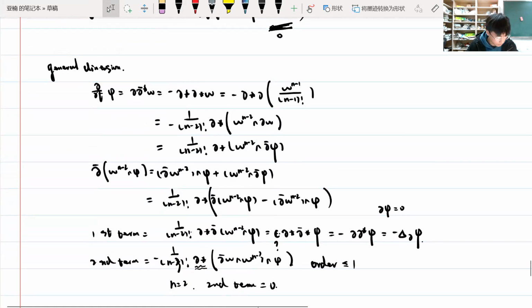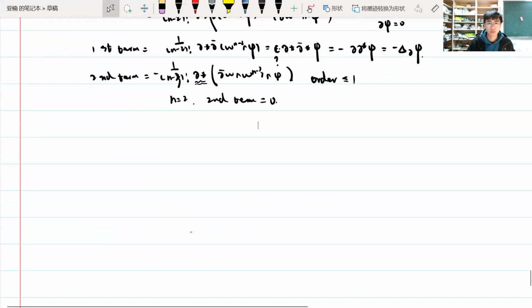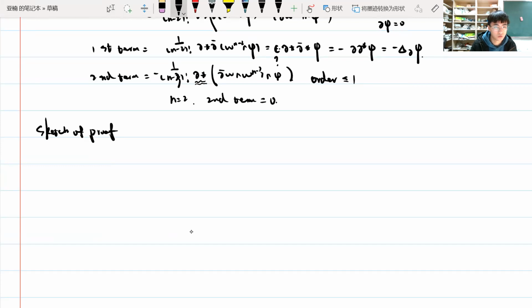Yeah, and then I'd like to give the sketch for the obstruction theory.